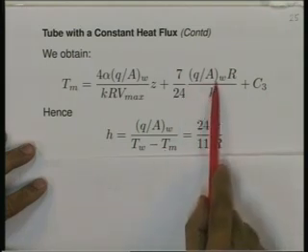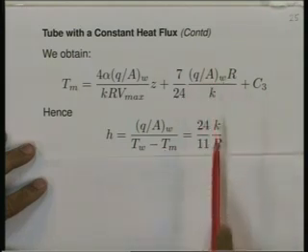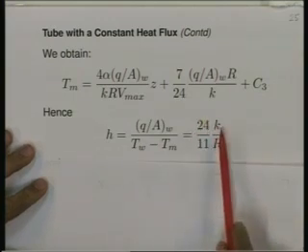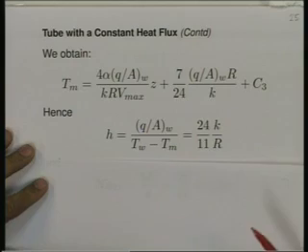There is a common factor Q by A at the wall. So, all that remains is some number and conductivity and the radius.